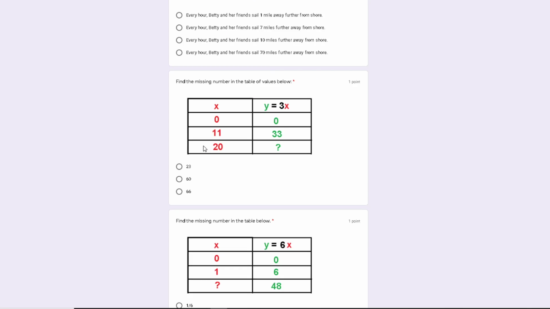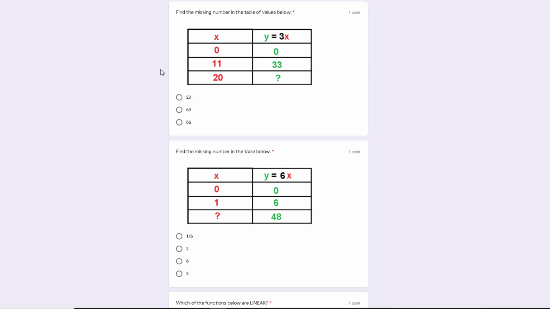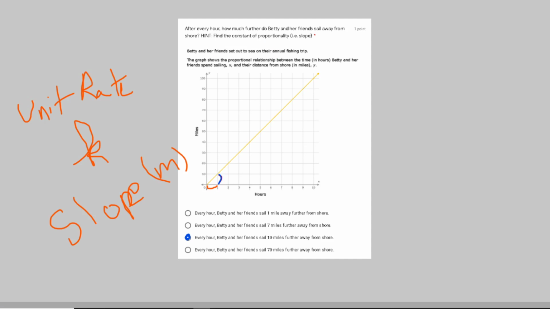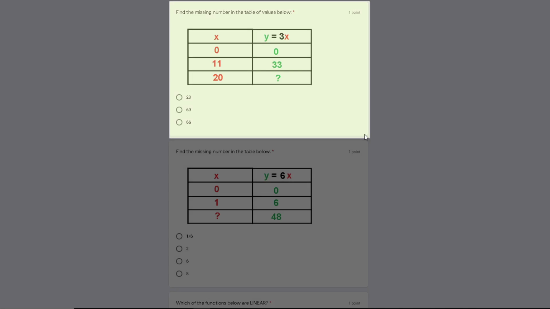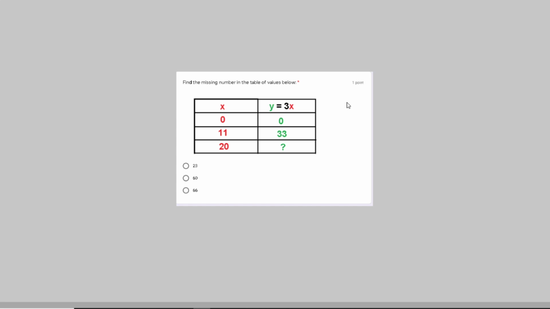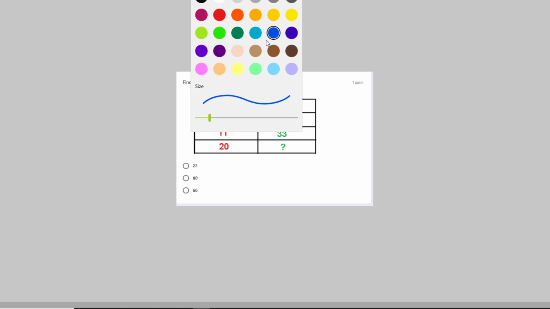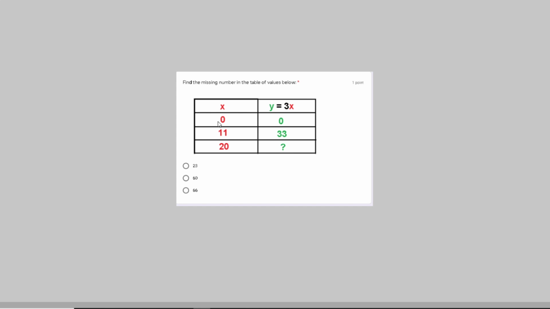Okay, so let's look at the next one. Find the missing number in the table of values below. I give you a lot of information here. You get to see a couple rows, and you even get to see the equation. So what we're seeing is that whatever x is, we're multiplying that by 3 to get y.